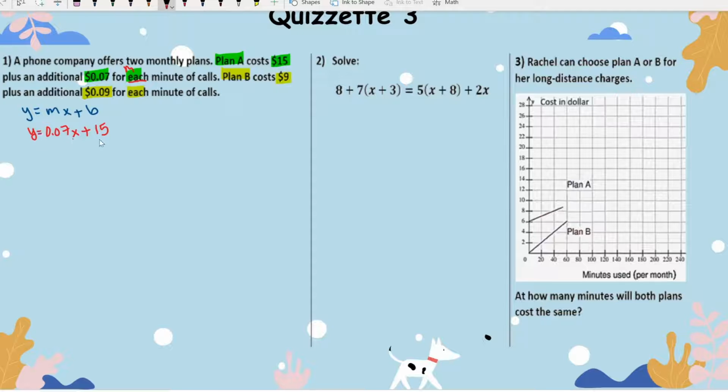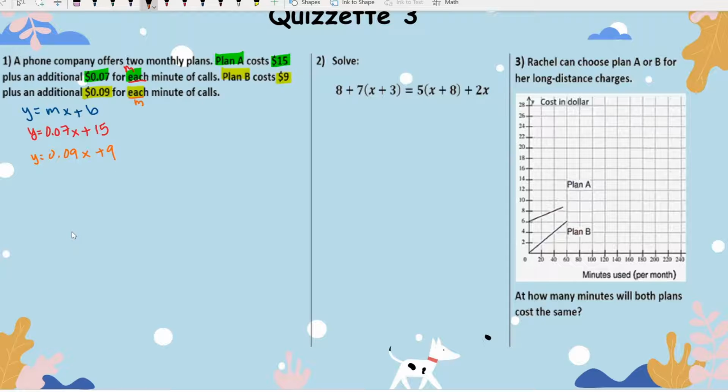So y equals 0.07x plus 15. Same thing for the second equation. Plan B costs $9 plus an additional 9 cents for each, every, and per. That is your slope. Slope is 9 cents. So y equals 0.09x plus $9 initial charge.